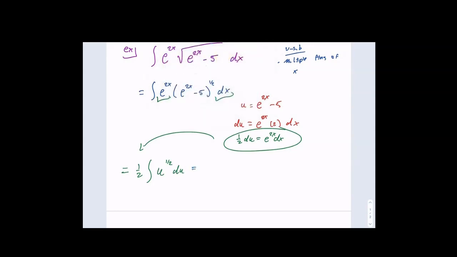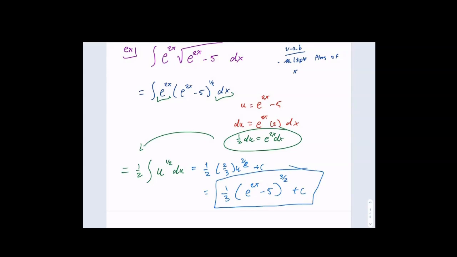Our last steps are now just integrate u to the 3/2, so 2/3 plus c. Therefore, the 2's cancel each other out, and I get 1/3. And I replace it back: e to the 2x minus 5 to the 3/2 power plus the constant of integration. So those last steps are still the same. What I'm trying to show you here is that the process, what we do, is still the same.